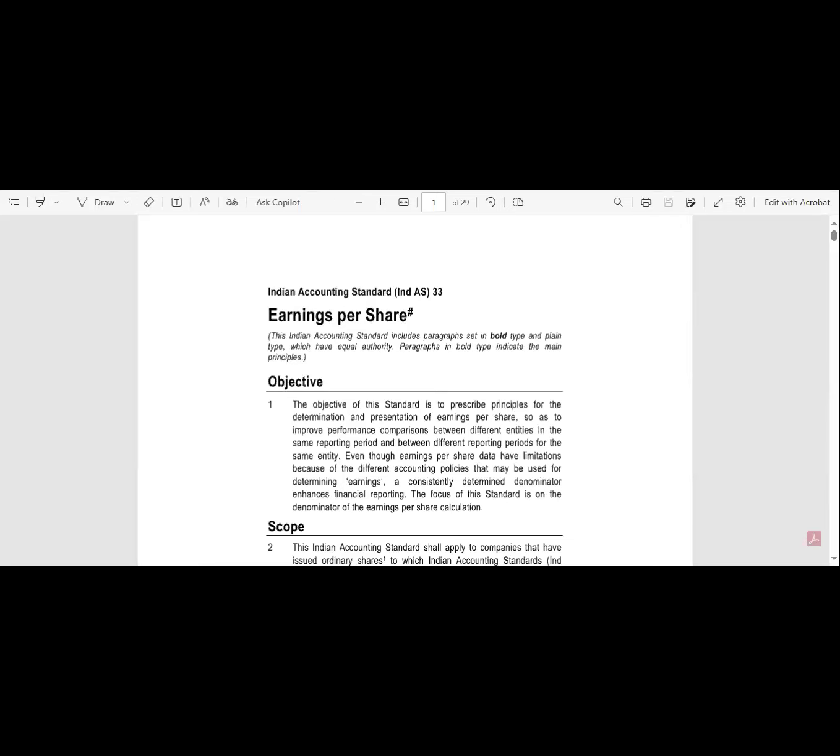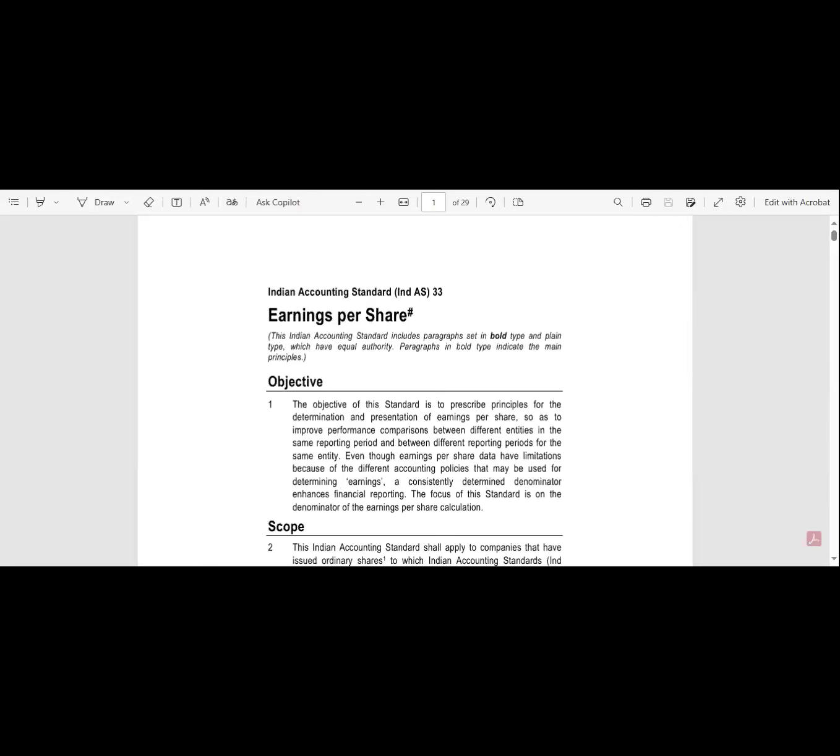Even though earnings per share data have limitations because of the different accounting policies that may be used for determining earnings, a consistently determined denominator enhances the financial reporting. The focus of this standard is on the denominator of the earning per share calculation.